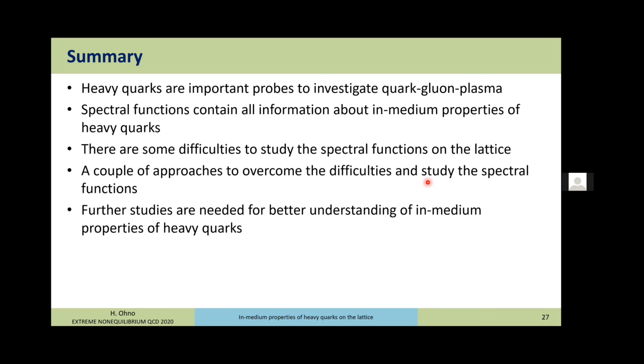Yeah, I think that is possible, and maybe getting a better signal for the correlation function is quite helpful to get a more precise extraction of the spectral function.